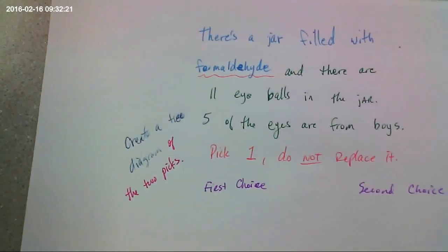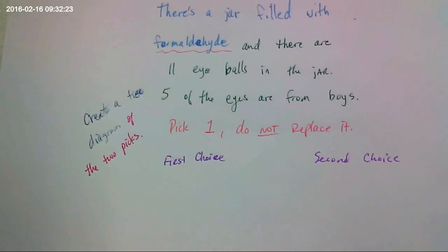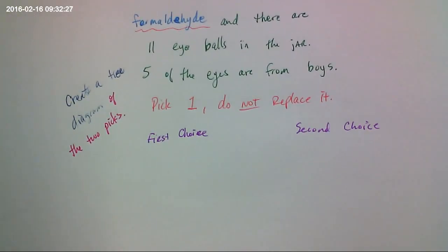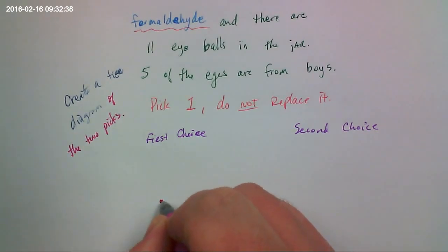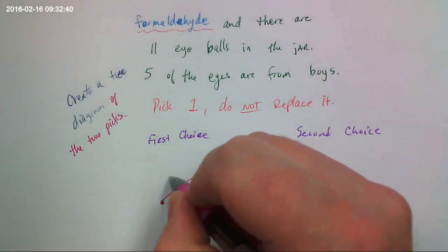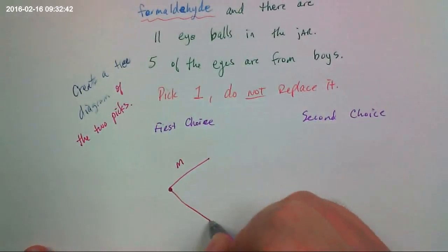So you pick once, you don't put it back, and then you pick again. So we're going to make a tree diagram of how that would work out. Make sense? Okay, so we have first choice, we got second choice. The first choice could be male, or it could be female.